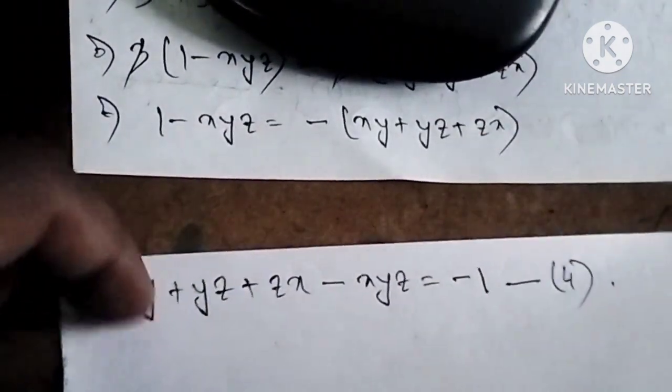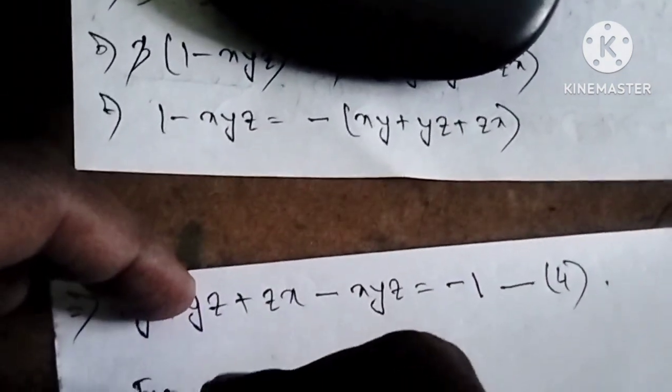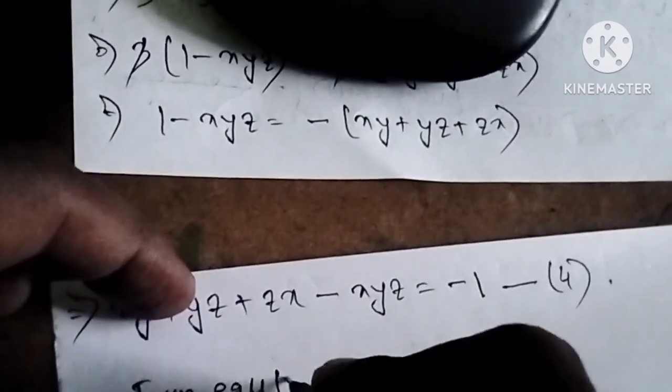Clear? So now from equation 3, okay, so what was equation 3?